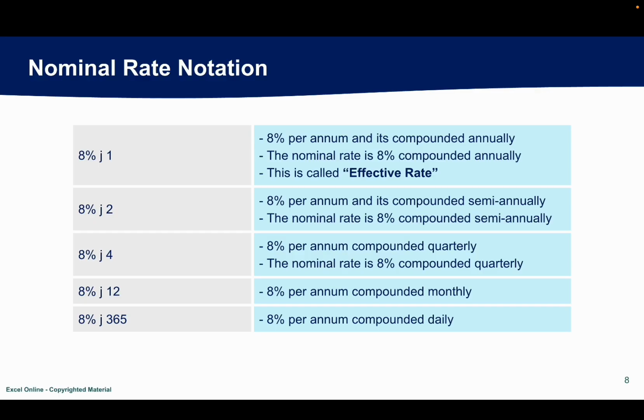And 8% J365 is compounding it daily. So these are the different ways a nominal rate may be described. The J means per year, and the number is the number of compounding periods.